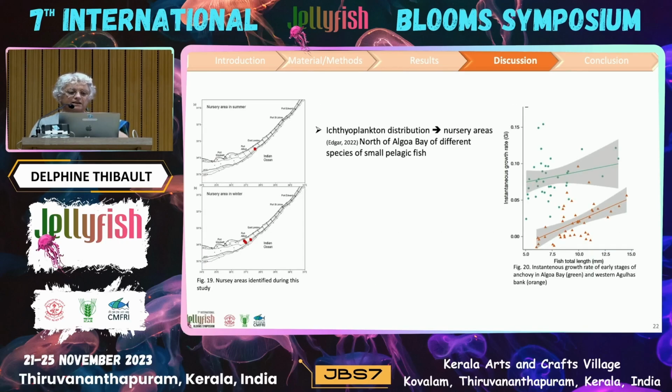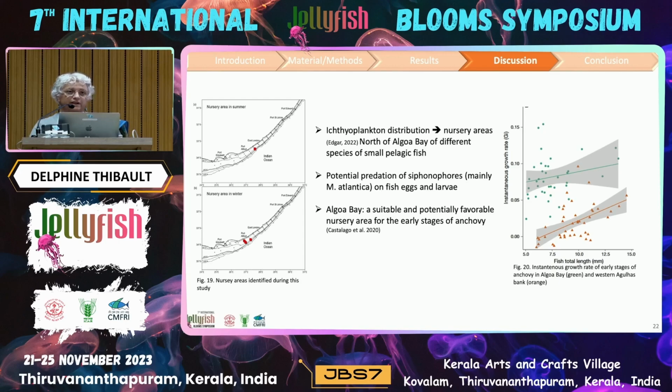And looking at the ichthyoplankton distribution, the region just north of that high abundance of Muggiaea has been identified as a nursery area for several small pelagic fish. So is the potential predation by Muggiaea and other jellies going to affect the fish eggs and larvae in that region? That's something we need to look into.